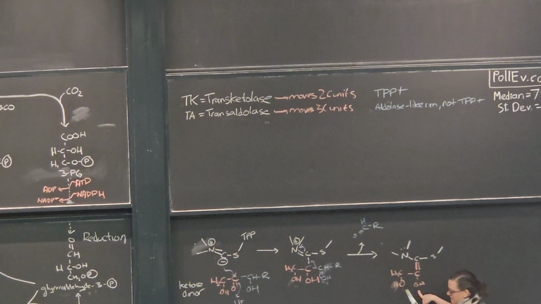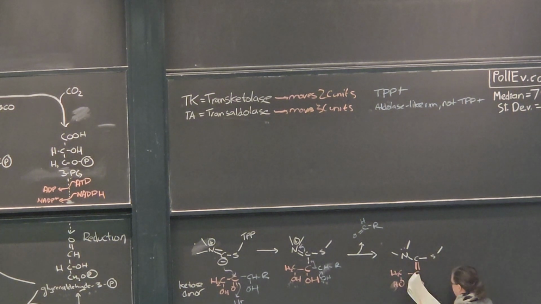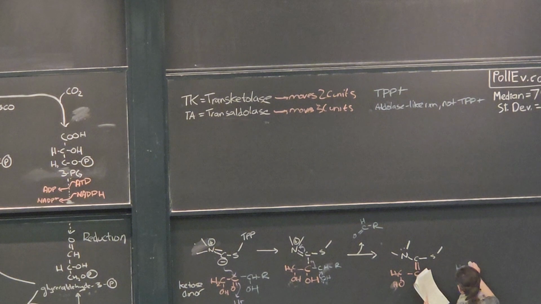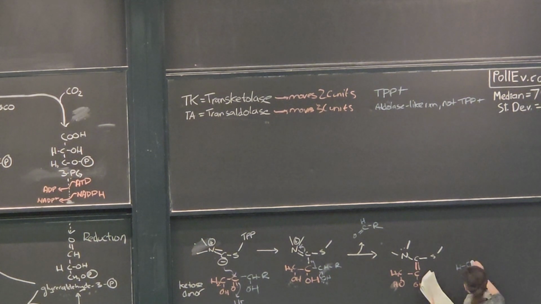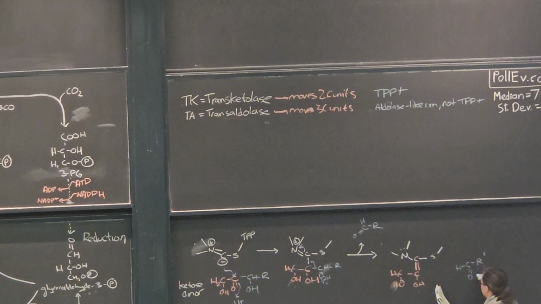Okay, so now we're left with this intermediate. What we can do is now take a different aldose acceptor. So I'm going to denote the aldose acceptor using R prime. Instead of R, this one is R prime because it's our aldose acceptor.